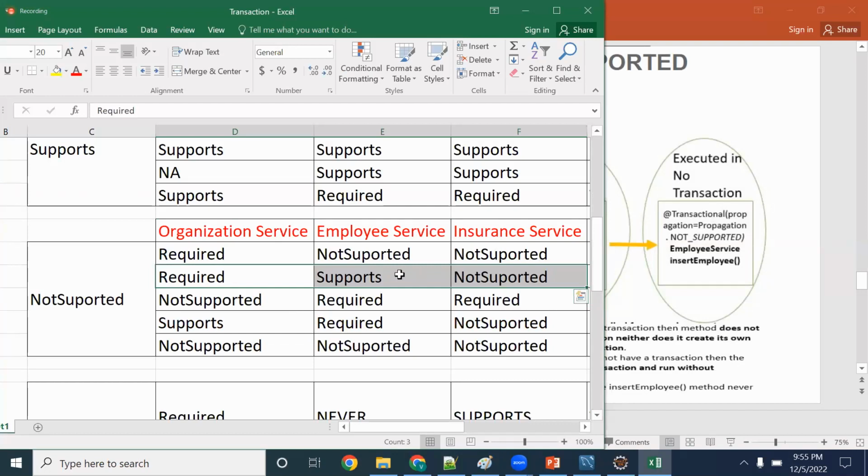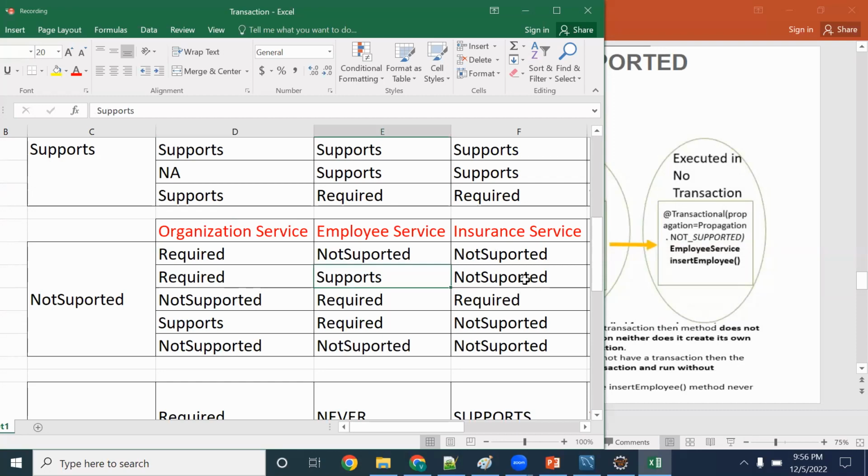Okay. Now required, not supported, not supported. What happens, guys? At parent level I wrote required, but employee level not supported, insurance level not supported. One transaction object is created, and it will apply only here, right?